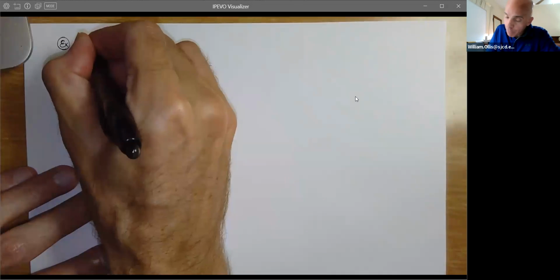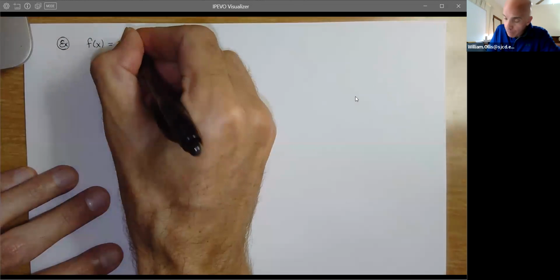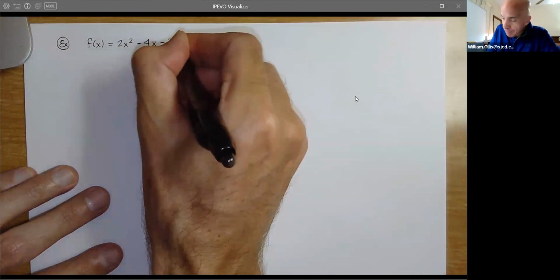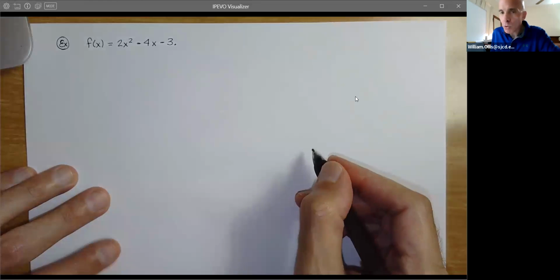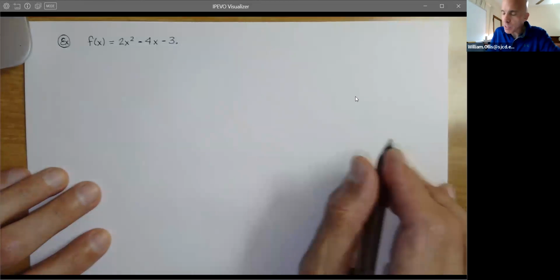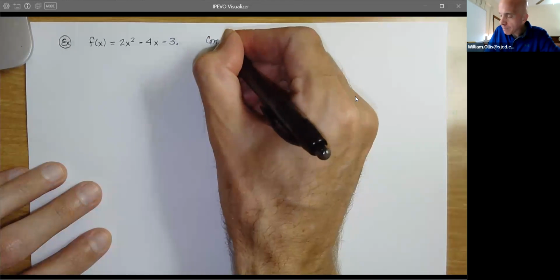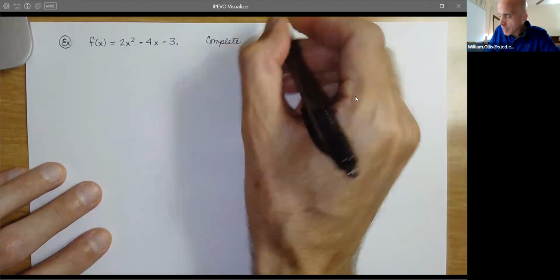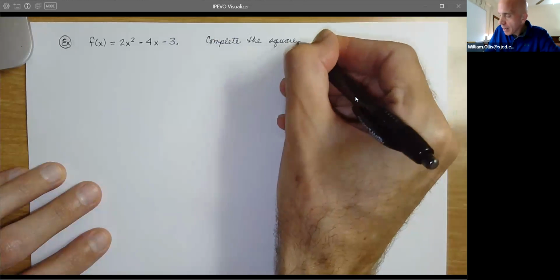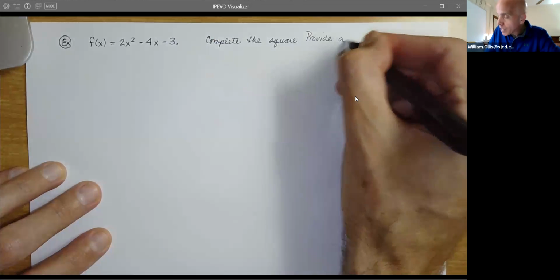So now we have f of x equals 2x squared minus 4x minus 3. Now, what I want you to do is, let's learn everything about this. So we will complete the square, and provide a reasonable graph.